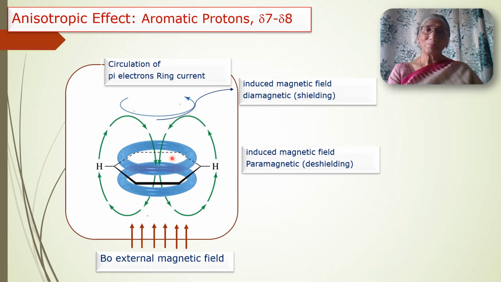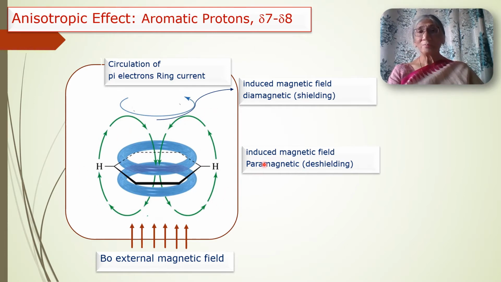So when benzene or any other aromatic compound is placed under the influence of an external magnetic field, then by the circulation of pi electrons, a strong ring current is generated. And because of this ring current, a very strong magnetic field is generated, and this magnetic field is not even throughout the space. At the periphery, it is paramagnetic.